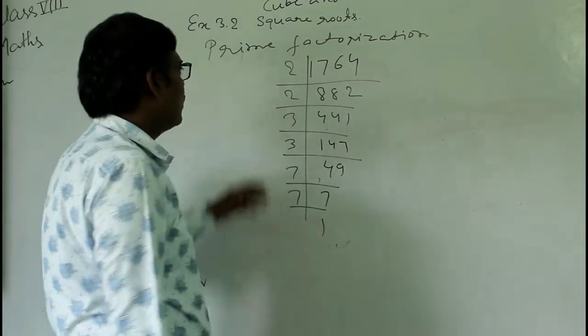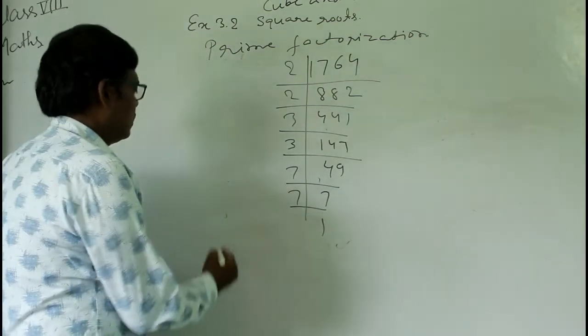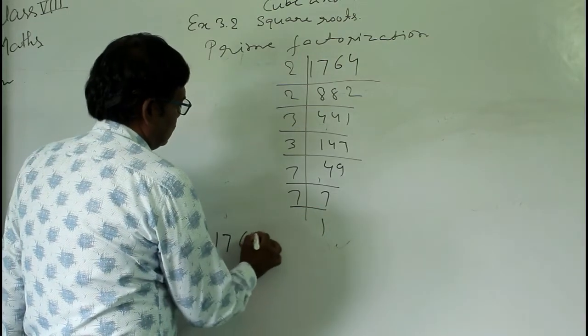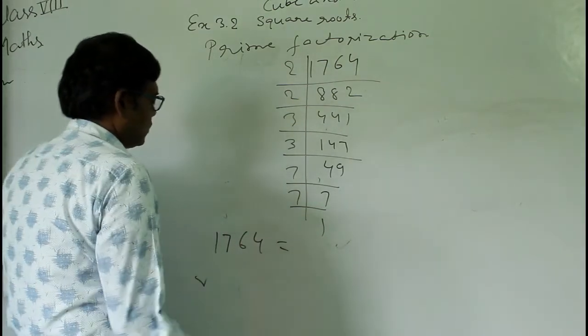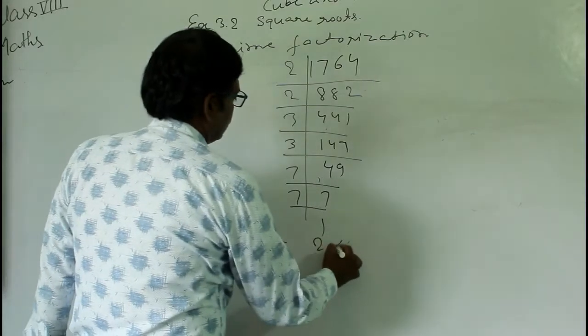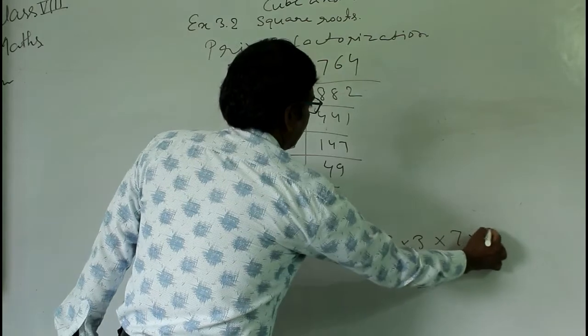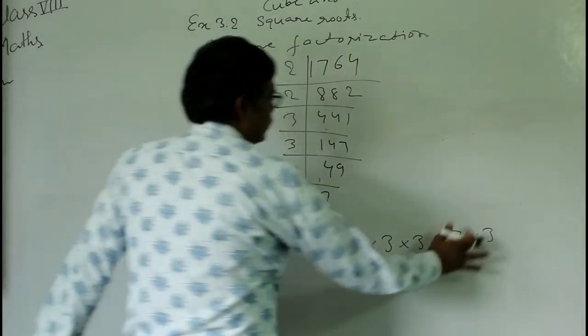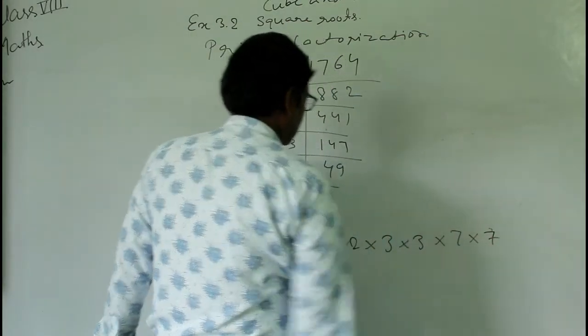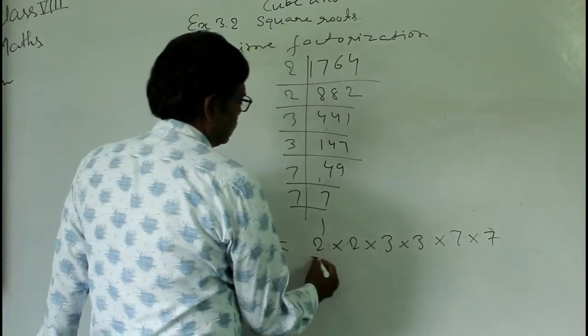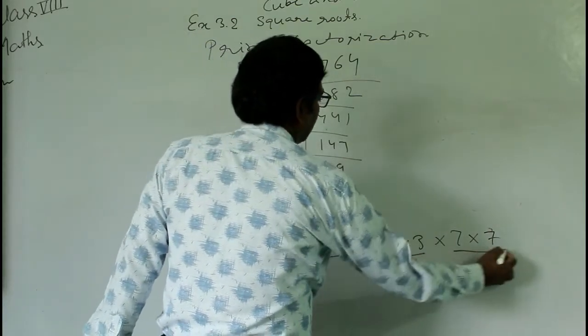So here we have found the prime factors: 1764 is equal to 2 into 2 into 3 into 3 into 7 into 7. So now you have the pairs: 2 has a pair, 3 has a pair, and 7 has a pair.